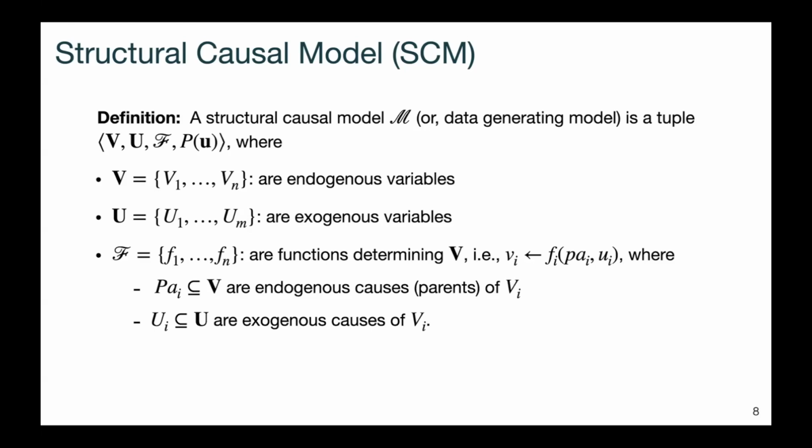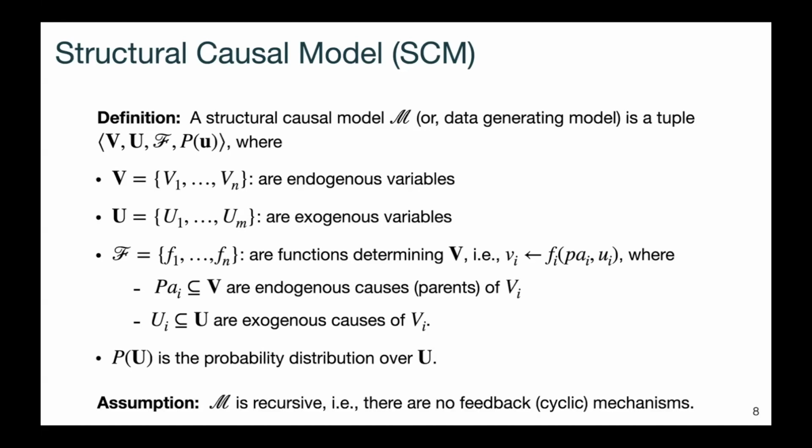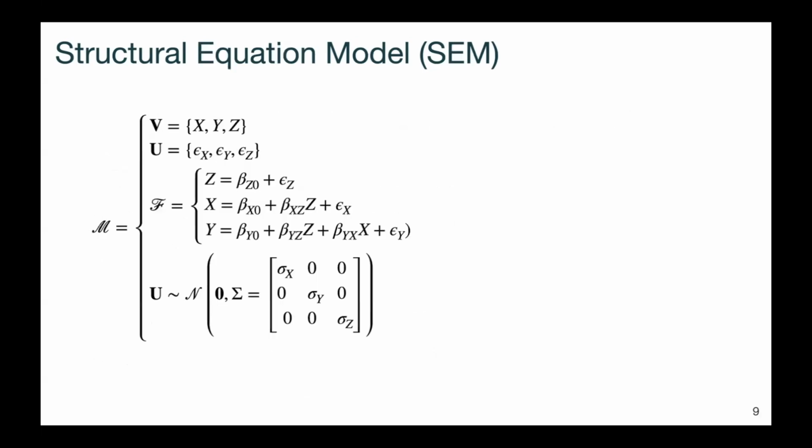Those are going to be in the set U. Okay, so those are sets. And then you have the probability of U. If you have everything like this, you have the full explanation about reality. We have this assumption that the model is acyclic, although we are also in the field relaxing this assumption, but the field started by making this assumption. You saw this in many other fields.